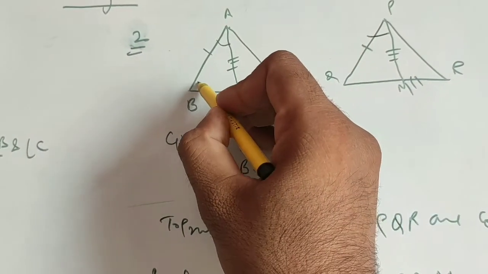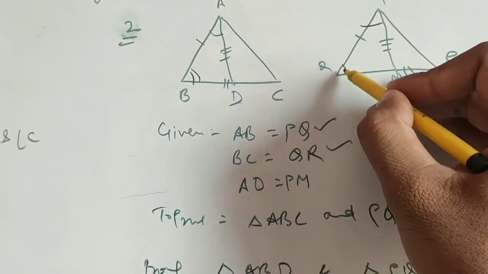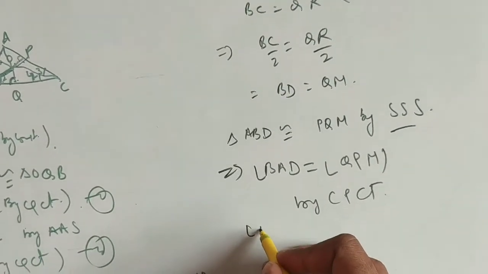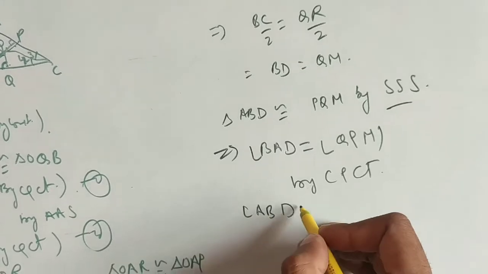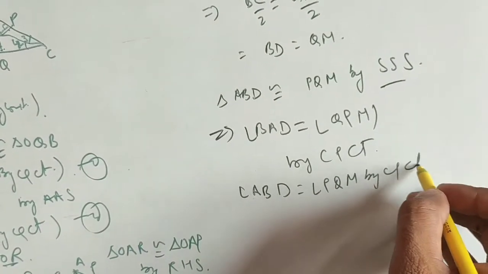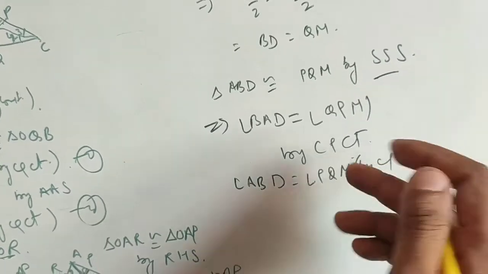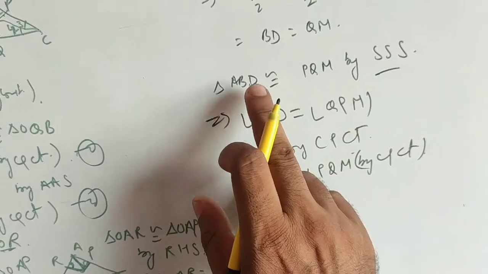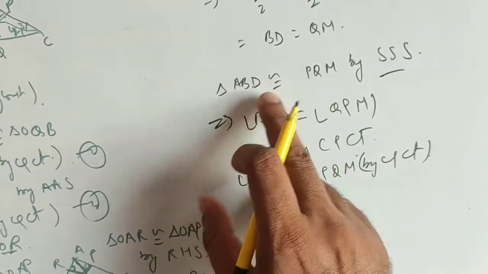Also by CPCT we can see that angle ABD is equal to angle PQM. We can equate the required angles and required sides, whatever is required, by looking at this relation only.